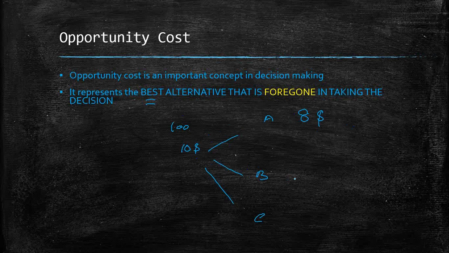If you produce product B, you get a contribution of $5. If you produce product C, you get a contribution of $3.